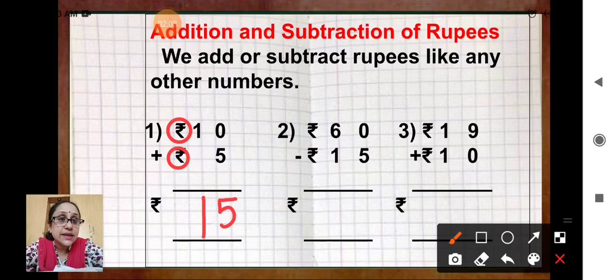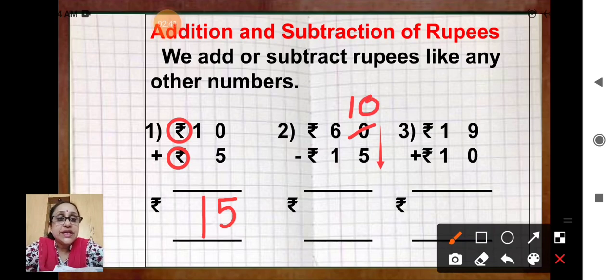Now question 2. Rupees 60 minus rupees 15. So look at the sign. It is addition or subtraction. You know simple addition and simple subtraction, so you can do it. Rupees 60 minus rupees 15. First we have to subtract this. For this you have to cut this 0 and make it 10.